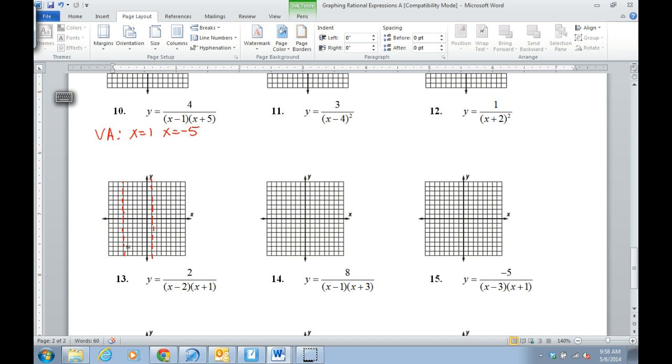Okay, so what is my horizontal asymptote in this case? It's at 0 because my degree on the top is 0. My degree on the bottom is 2 because there are 2 x's here. And 0 is less than 2, so it would be y equals 0. So I'm going to draw a horizontal asymptote right here.